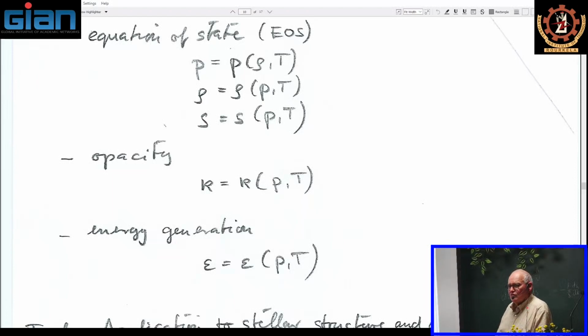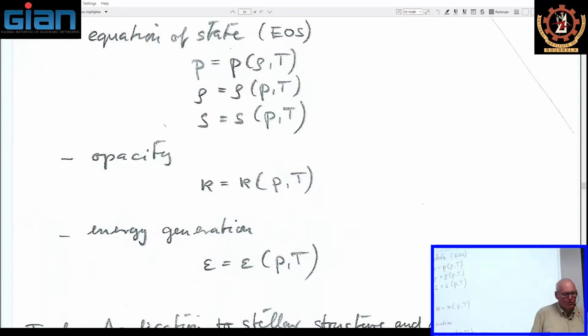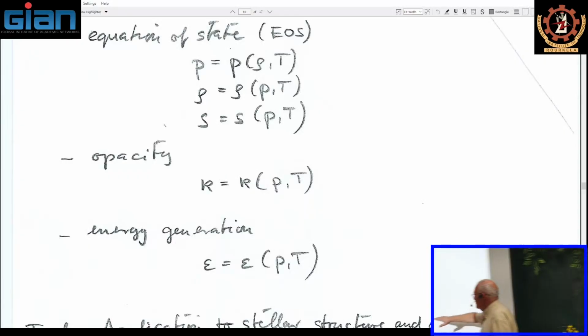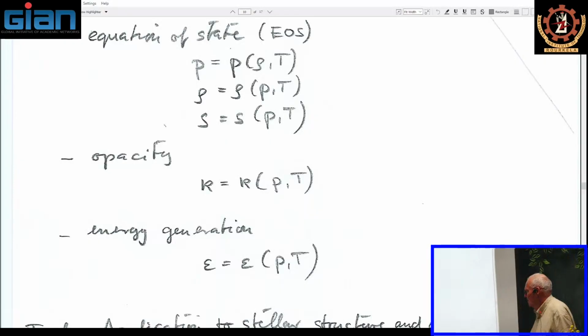And the same is true for the nuclear energy generation rate. It also depends on pressure and temperature, and also on the chemical composition. So this needs to be calculated from atomic physics, and this needs to be provided by nuclear physics.